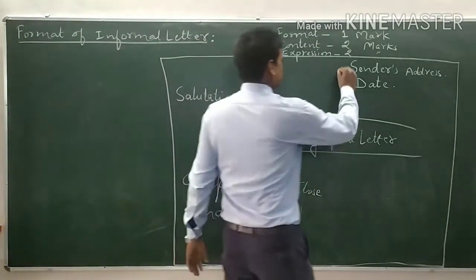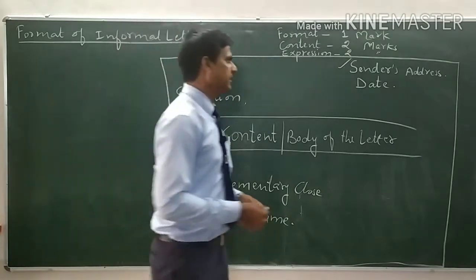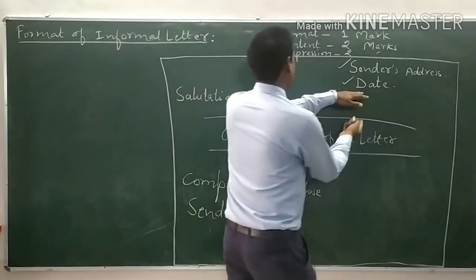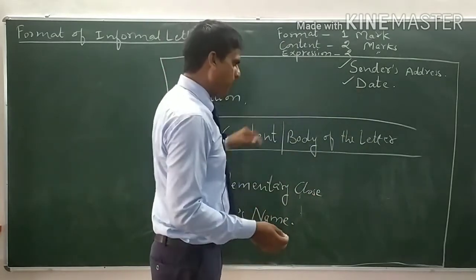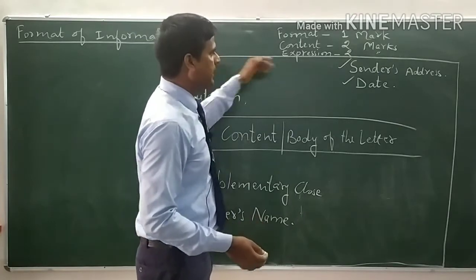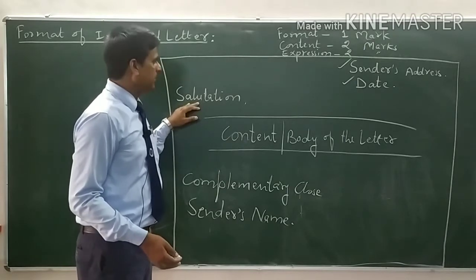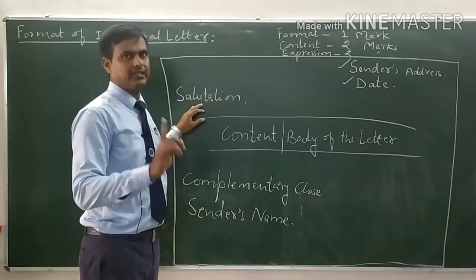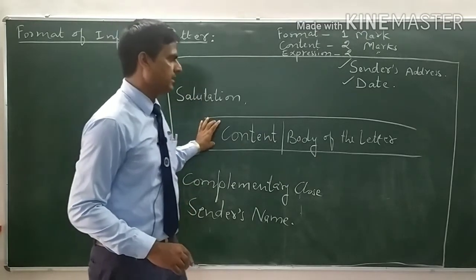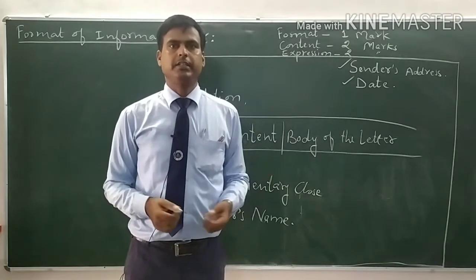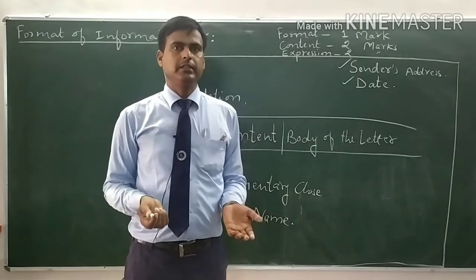At first we write sender's address at the right hand side, and then below that we can write the date. Date can be either side, it can be right side or the left side. And after writing the date, we will write the salutation below the date, but salutation would be left side. And after writing the salutation, we will write the content of the letter, body of the letter, and content would be according to your need.